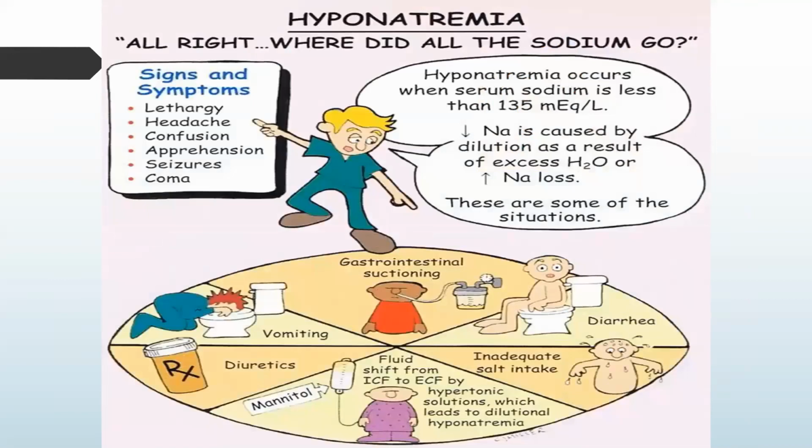So what would you see with this problem? The most obvious are the effects on the cerebral and neuromuscular functions. Manifestations of the central nervous system include confusion, irritability, headaches, seizures, lethargy, and coma. Neuromuscular changes are general muscle weakness, noted by diminished deep tendon reflexes and weakness in the legs and arms.